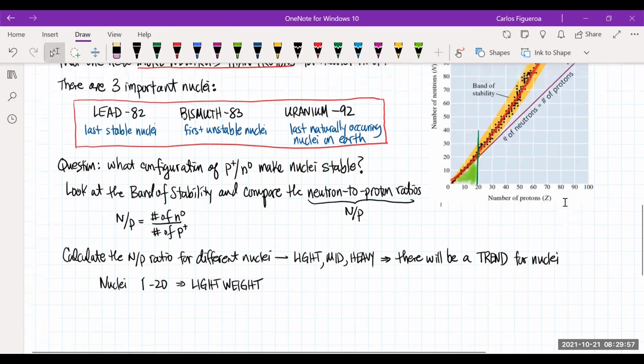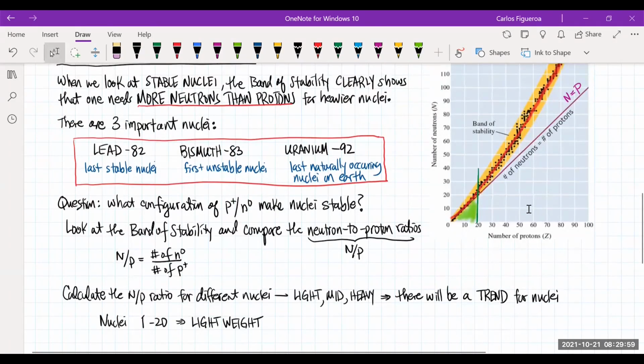And then if I start to look at the midweight ones, let's say from 20 to about 50, this range varies, okay? I'm just trying to give a trend of where we're going. If I look at this, maybe around 20 to 60, there's a little bit of a shift here.